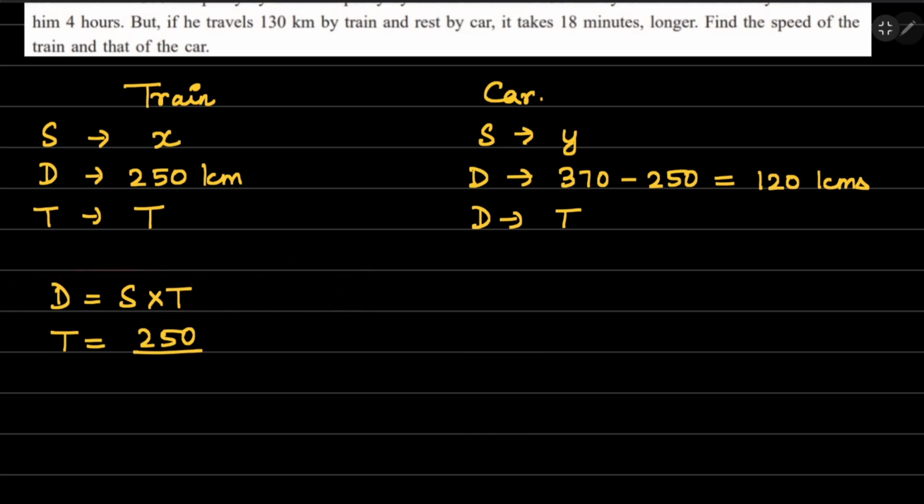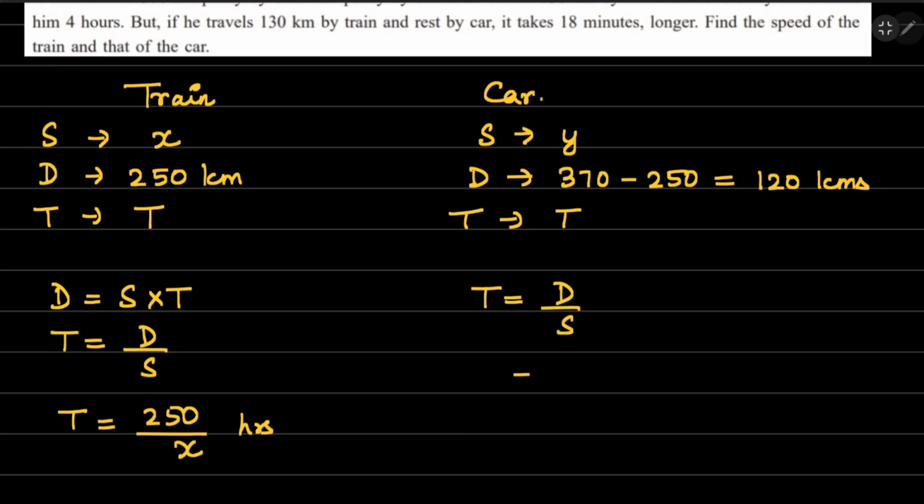So using that formula, time is equal to distance by speed. So in the first scenario, what is the time taken? Distance is 250 divided by x hours. And in the car case, what is the time taken? Again, distance by speed. So this is your time taken T.